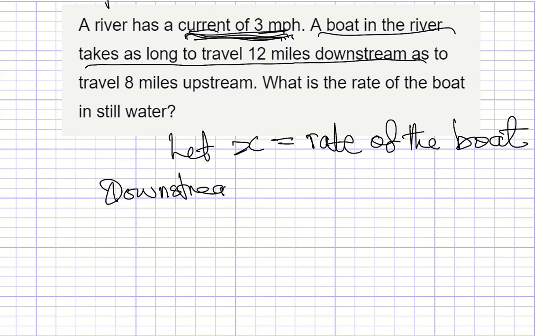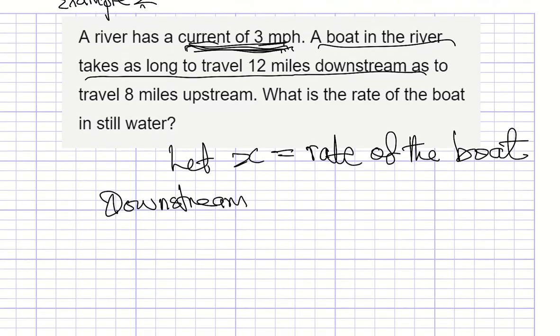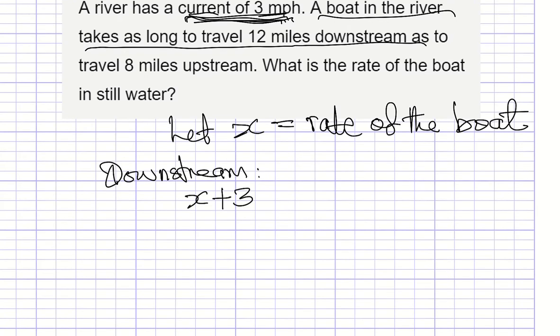So you use what you are given. Downstream, like I told you earlier, when you're going downstream, the current is carrying you, it's pushing you forward, okay? So the rate will be X plus the rate of the current, which is 3. And then you say the boat travels 12 miles downstream.